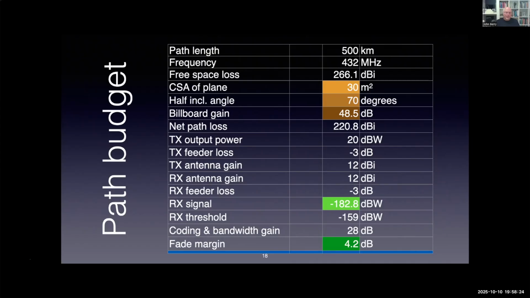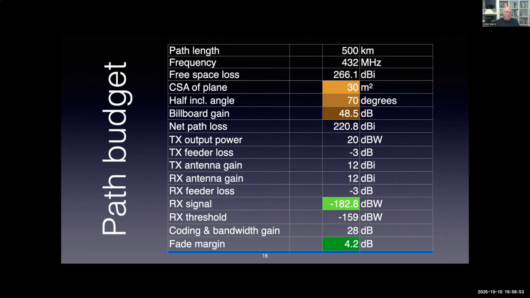Yes, we can use, and in this case, I'm using Q65, not FT8, not CW, not speech. I'm using Q65. And Q65 has what is termed coding and bandwidth gain of about 28 dB. That's a lot of enhancement over CW. A very experienced CW operator can manage a little bit below the noise.